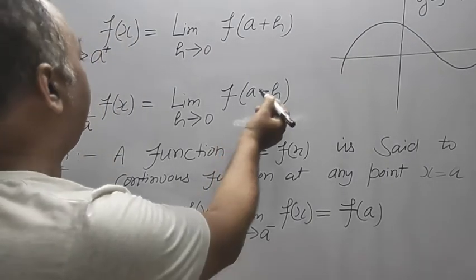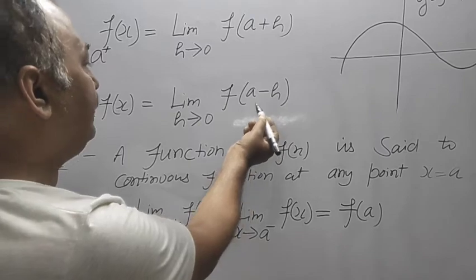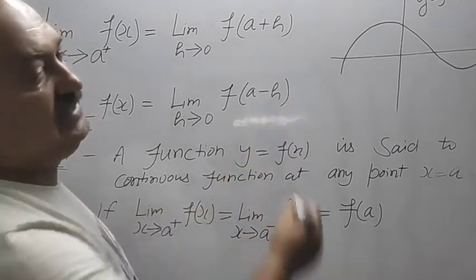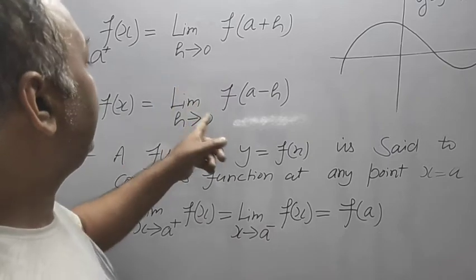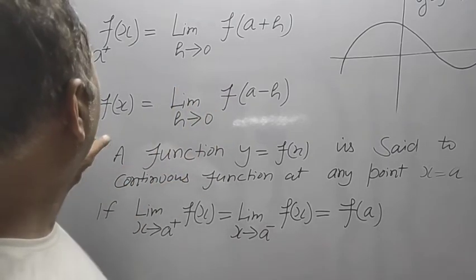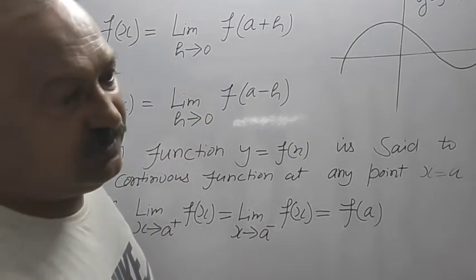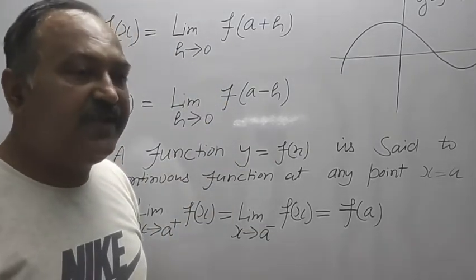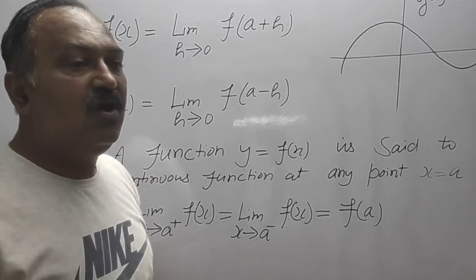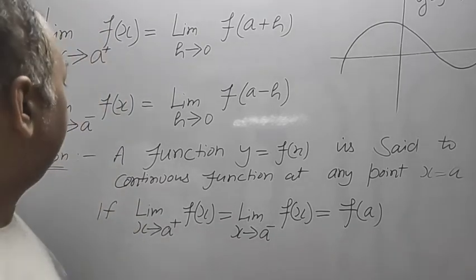And you have to write a minus h in place of x. Then you can calculate the value of left limit also. So this is the procedure to calculate the right limit and left limit of a given function.